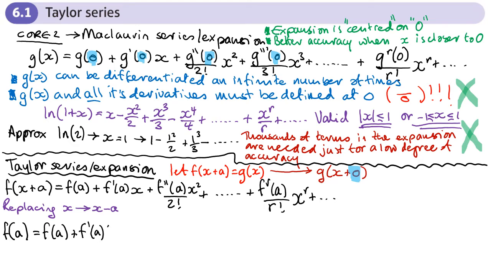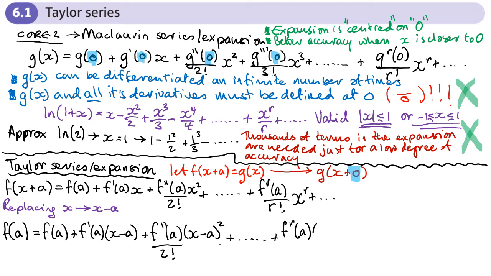Now the x becomes x minus a. Then we have the second derivative again at a, and then we have x minus a squared over 2 factorial. Okay, I'll do one more of those. Actually, I'll go straight to the general term. So that'll be the rth derivative, if that's how you say it, x minus a to the power r over r factorial.